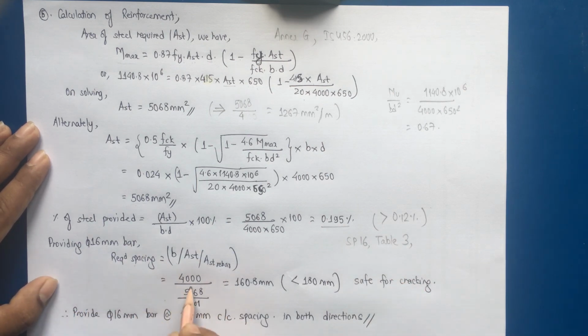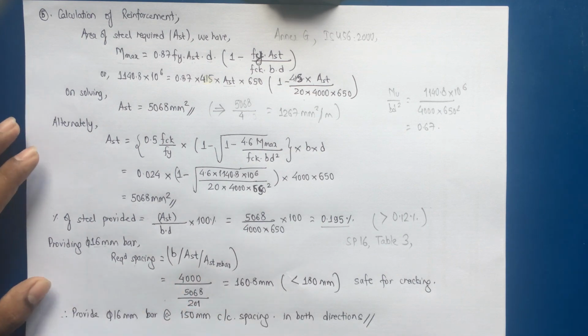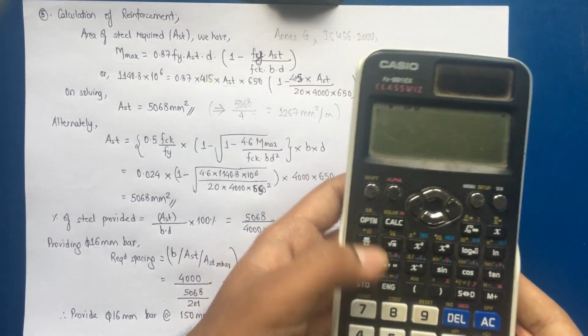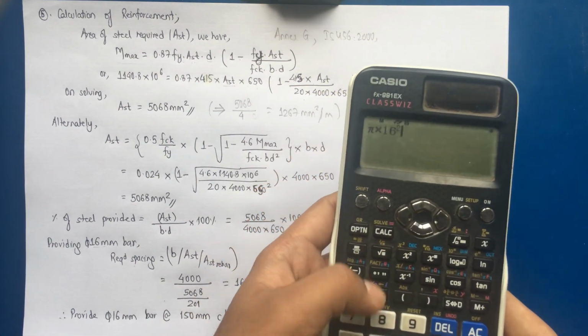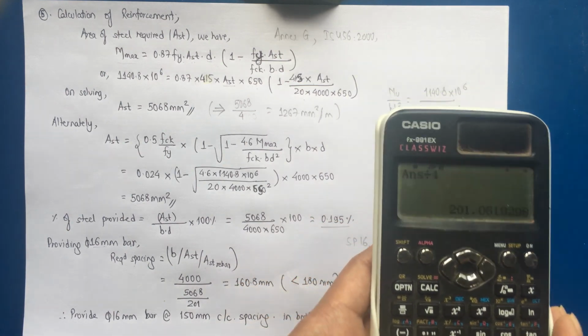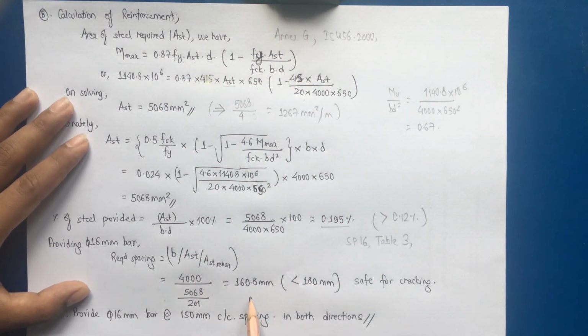So we have b as 4000 divided by 5068, that is the area of steel provided, divided by area of individual bar, that is a 16 mm bar. The area of a 16 mm bar is pi d square by 4, so this comes as 201. Now the required spacing is 160.8 mm, which is less than 180 mm.